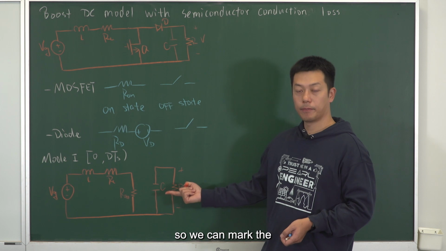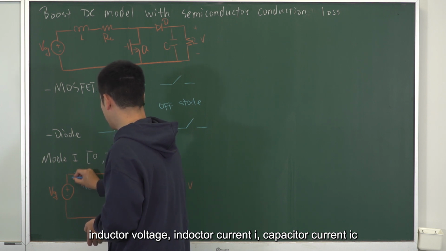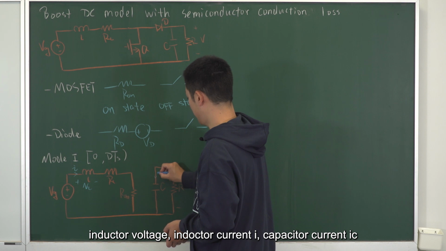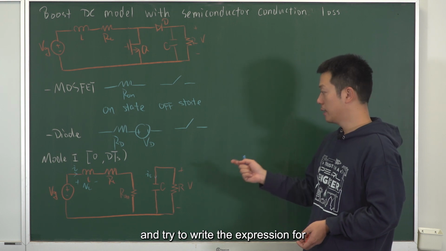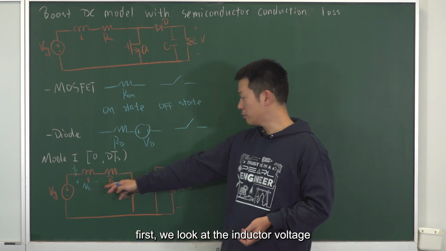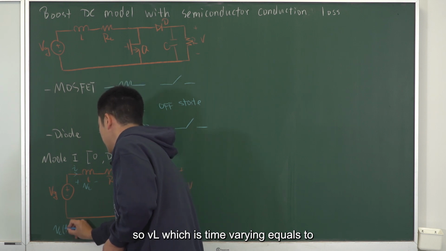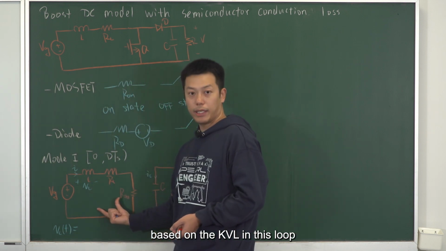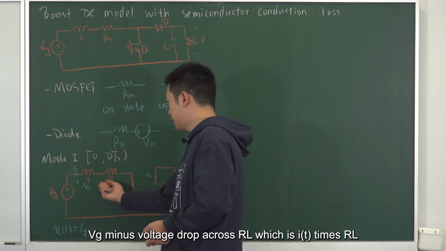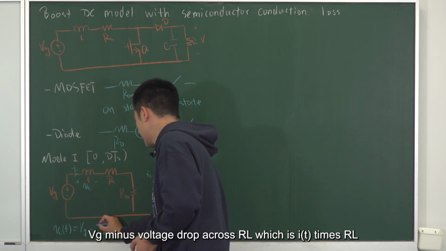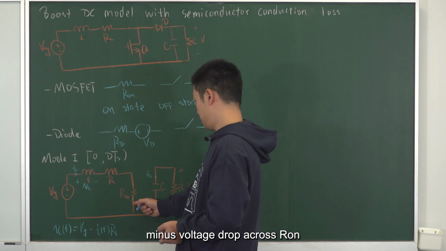So we can mark the inductor voltage, inductor current I, and capacitor current IC, and write the expressions for inductor voltage and capacitor current. First, we look at the inductor voltage. VL, which is time varying, equals, based on KVL in this loop, VG minus the voltage drop across RL, which is I(t) times RL, minus the voltage drop across R on.